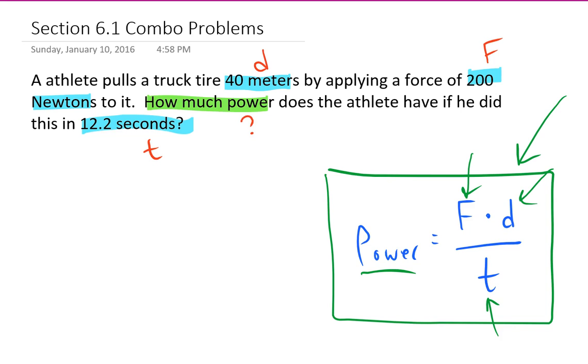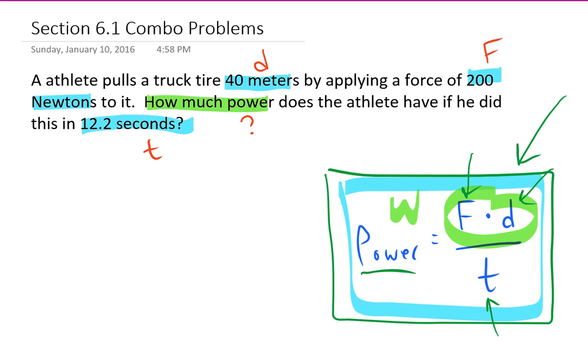So we need to plug these numbers into our power work combo equation. Remember this top part, this is our work, just in case y'all hadn't figured that out yet.